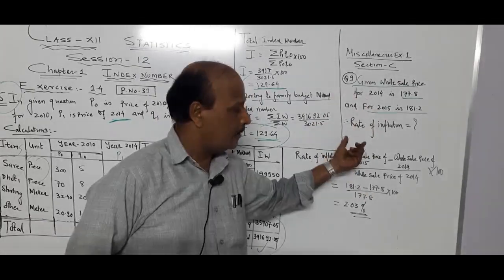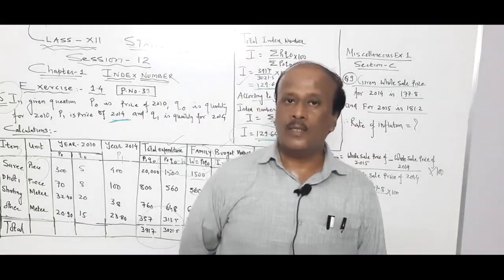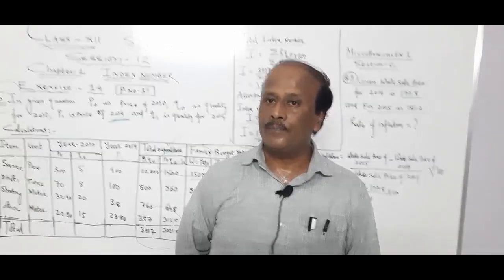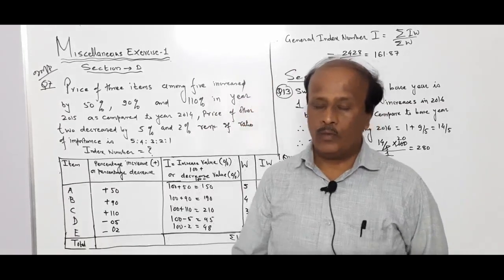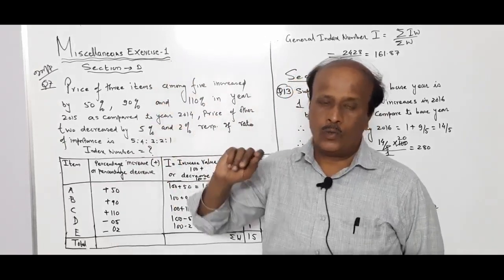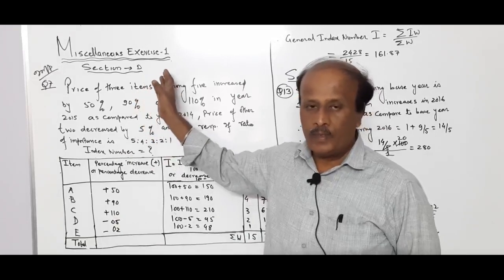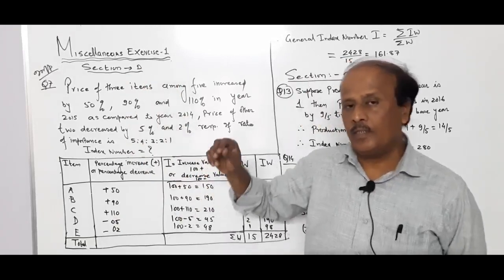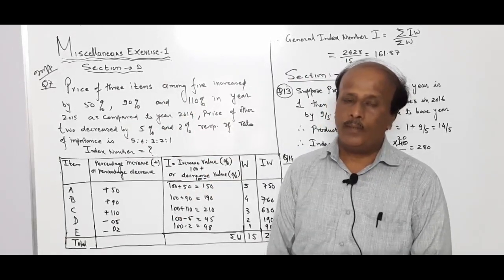Now we'll do one or two more important questions from exercise 1. Now let us do one or two more questions from miscellaneous exercise 1. So today we are going to complete this chapter. One very big chapter, one very important chapter of class 12th was index number.